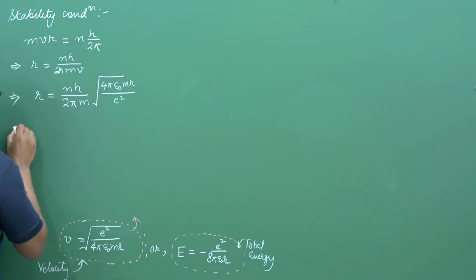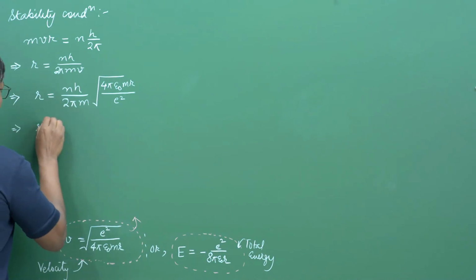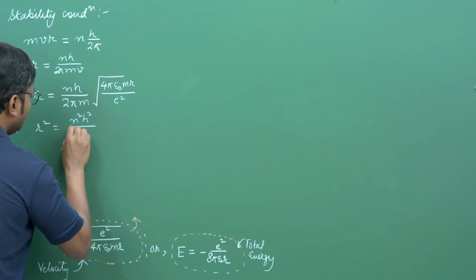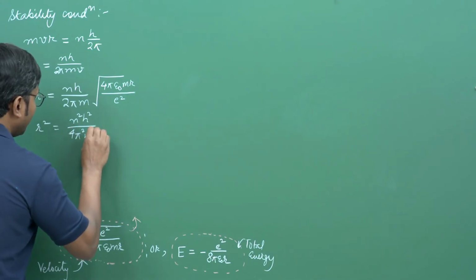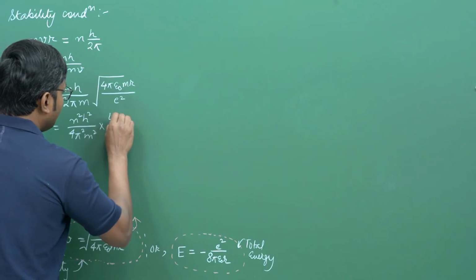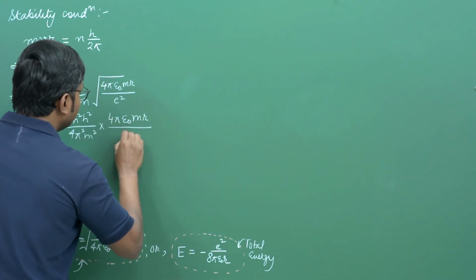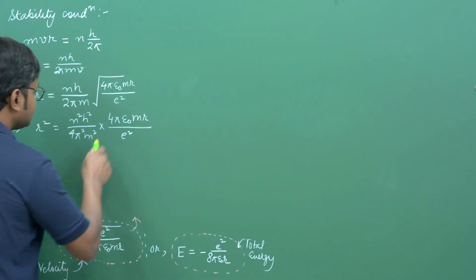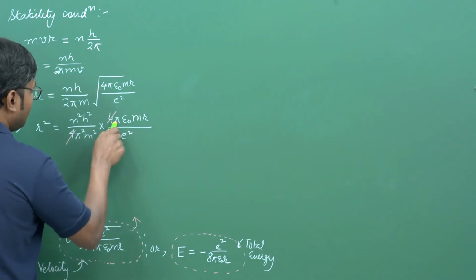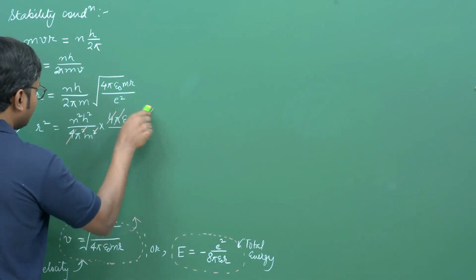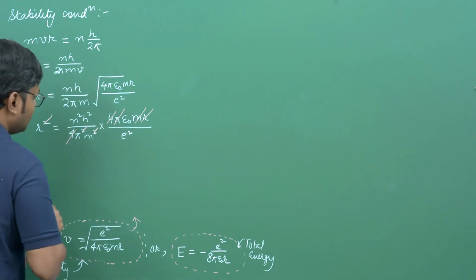If I take the square of both sides, I end up getting r² = n²h² upon 4π²m², times 4πε₀mr upon e². Here some of the terms get cancelled out: the 4 cancels, π vanishes, m also vanishes, and r becomes to the power 1 on the left hand side.